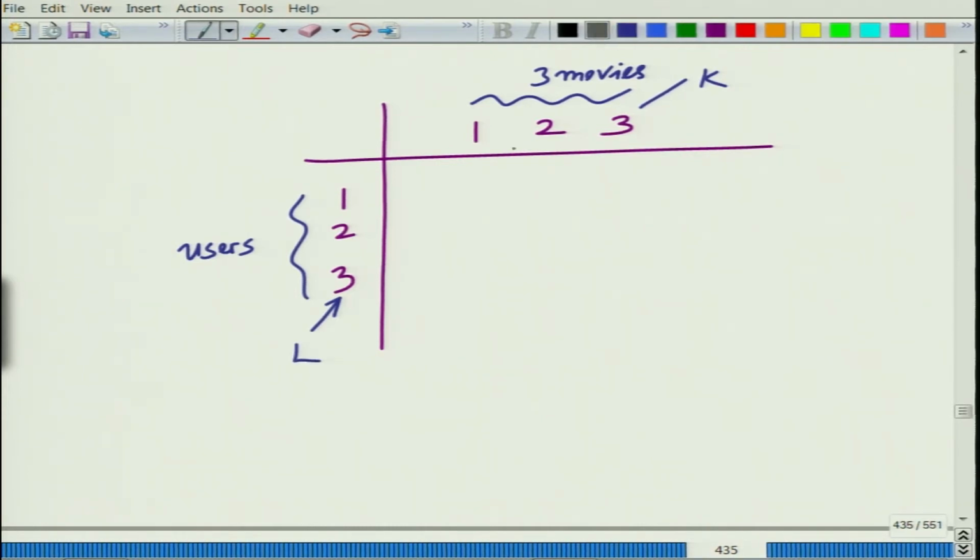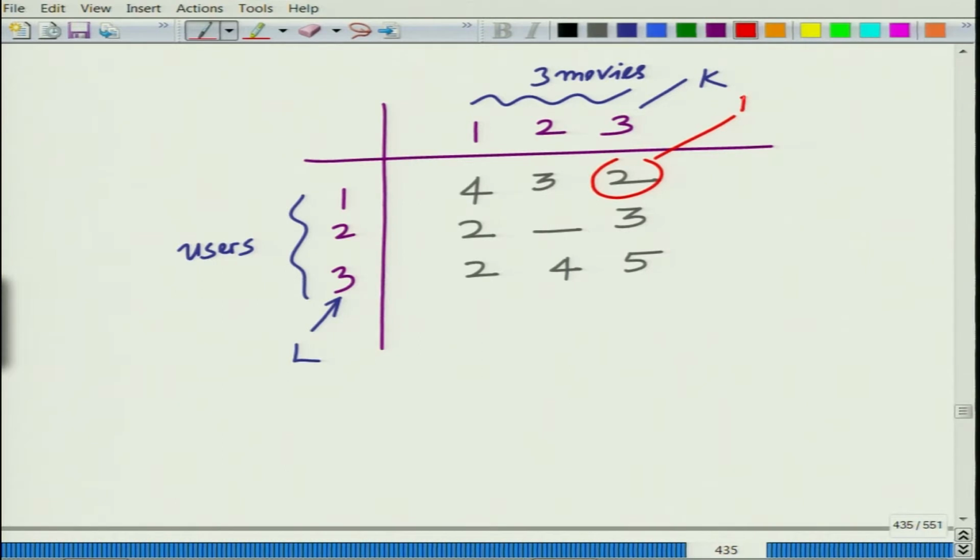Let us put in some sample recommendations. In this example, let us say the recommendations are as follows. So, we have 4, 3, 2, then 2, blank, 3, and user 3 has recommended 2, 4, 5. So, you understand the meaning of this, which is basically the rating.